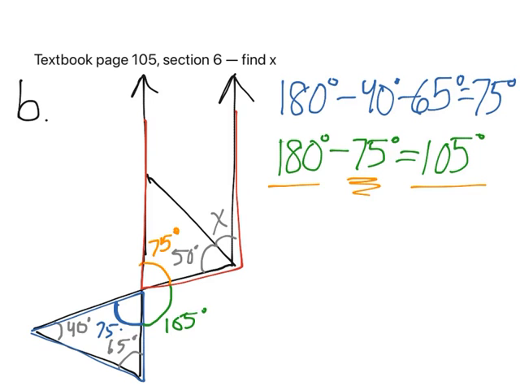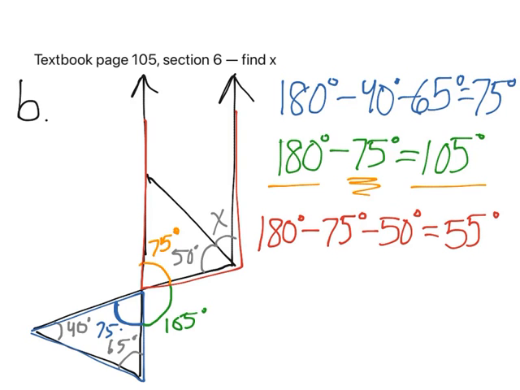So we take our interior angles equaling 180 degrees and subtract the angles we know, 75 and 50. What are we going to get? 55 degrees. So x equals 55 degrees.